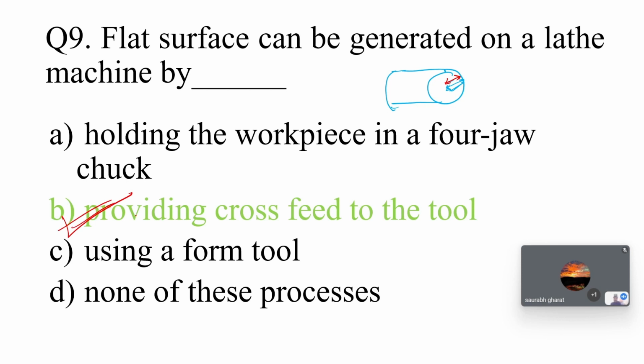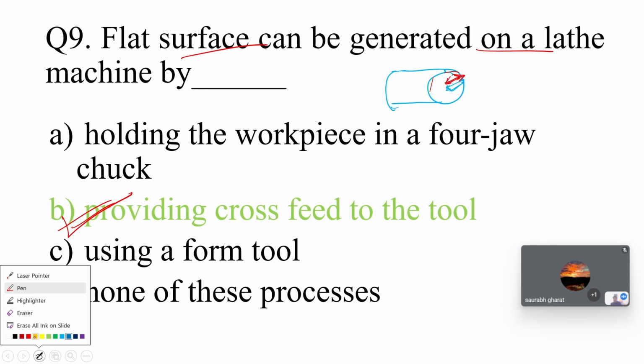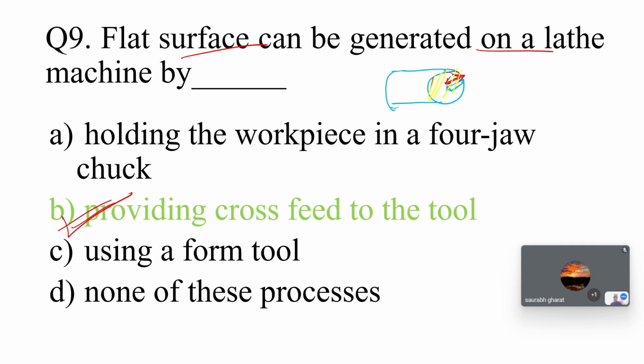So to create a flat surface on a lathe machine, you can do this only. This part you will get as a flat part, which is called a facing operation. For getting that facing operation, you have to provide a cross feed like this, as shown in this figure.